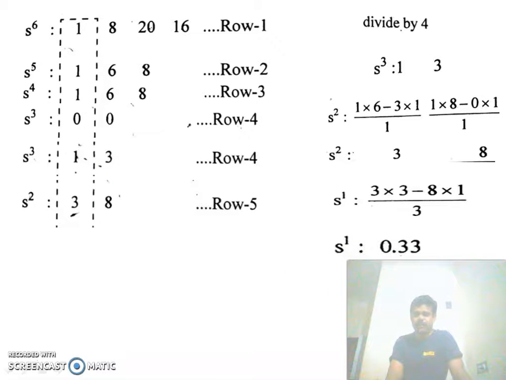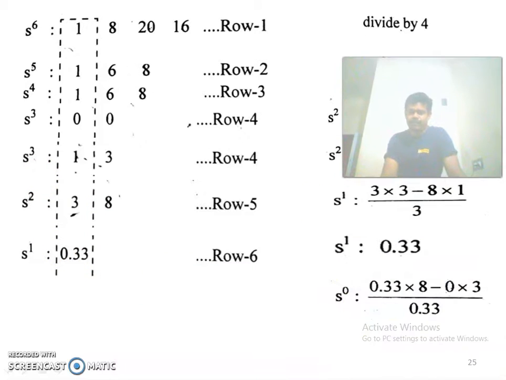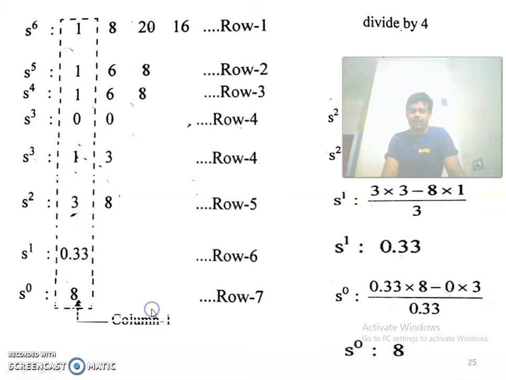So S1 is 0.33. Now we have to calculate S0. S0 is nothing but 0.33 into 8 minus 0 into 3 divided by 0.33. So you will be getting 8.